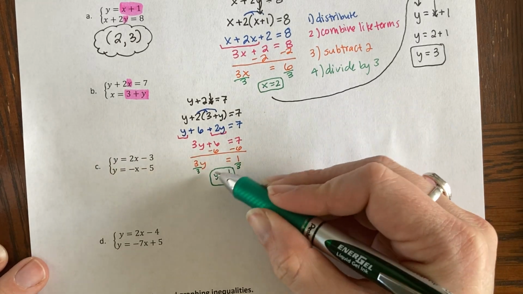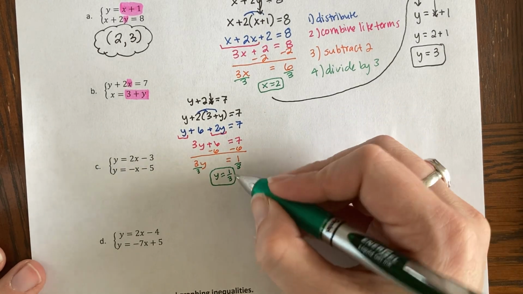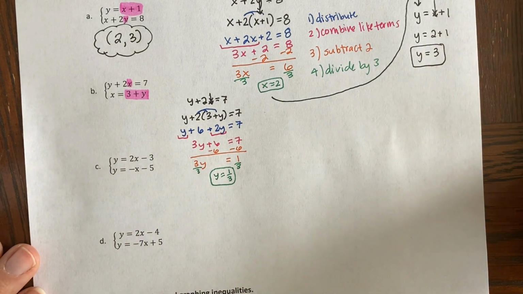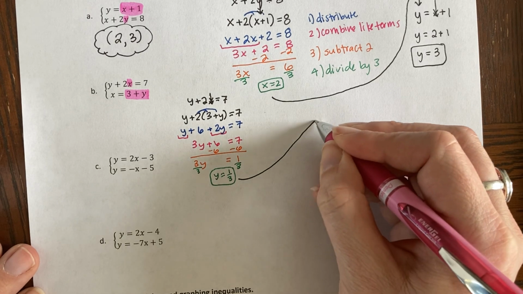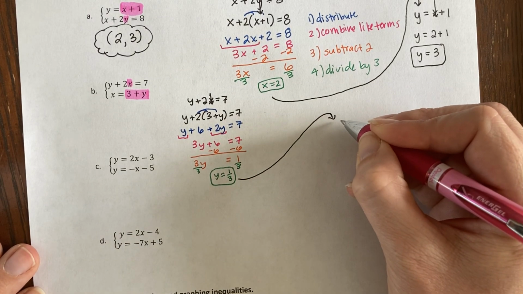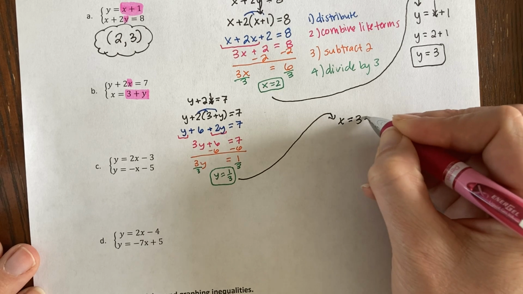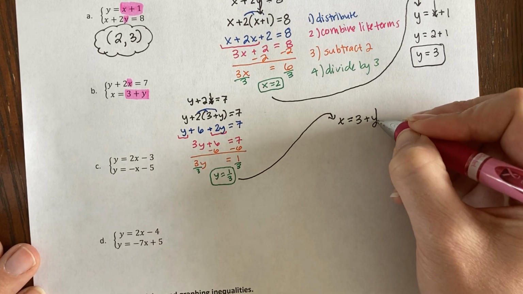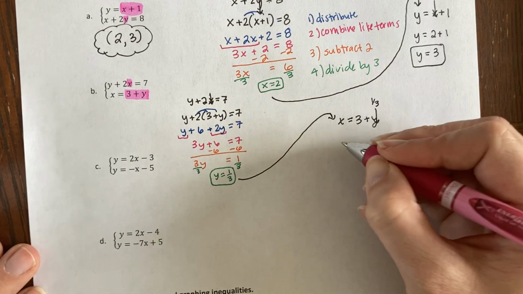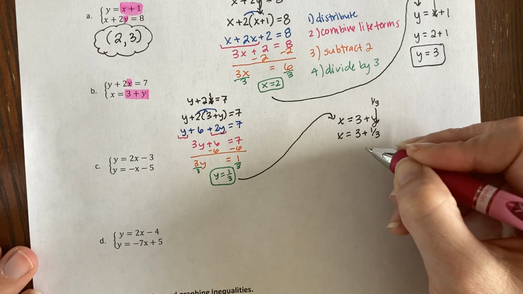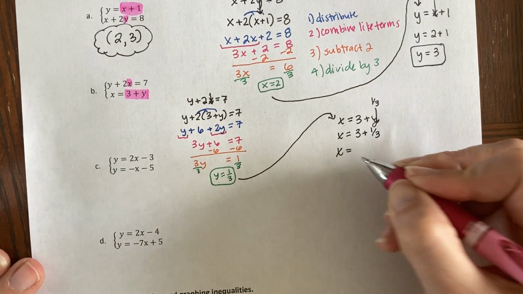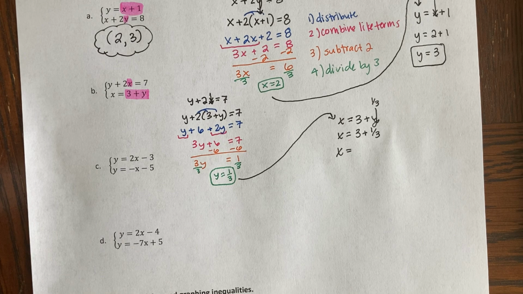I'm then going to take this value and plug it in to find out what it equals for the x. I have the equation x equals 3 plus y. I know y is 1/3. You can use your calculator to do this, or I'm not sure if it'll allow decimals.